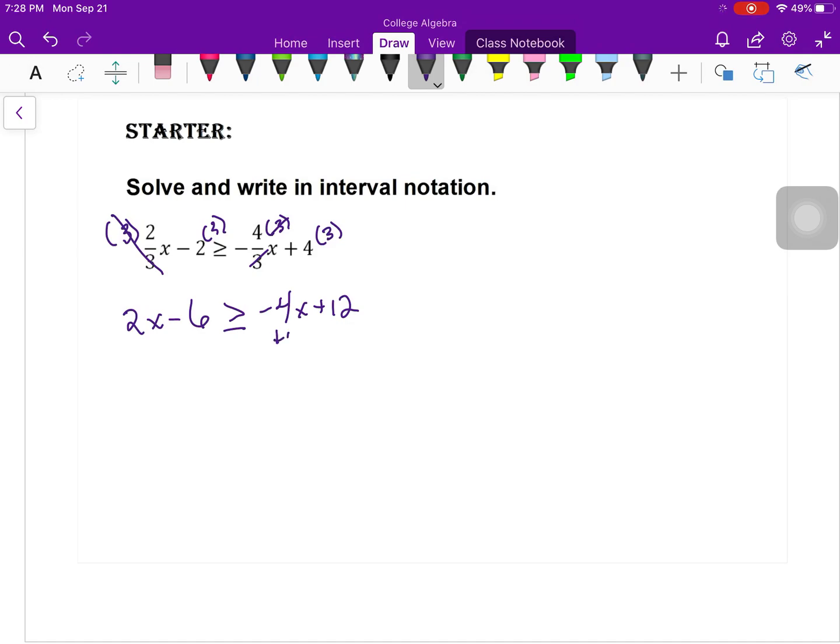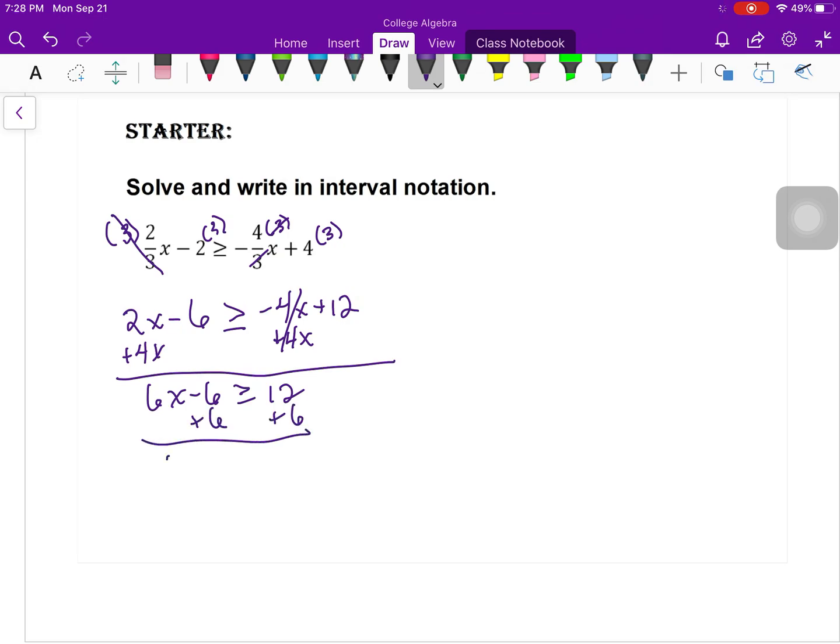I'm going to move my x's to the left. So that gives me 6x minus 6 is greater than or equal to 12. Add 6. 6x is greater than or equal to 18. Divide by 6. X is greater than or equal to 3.